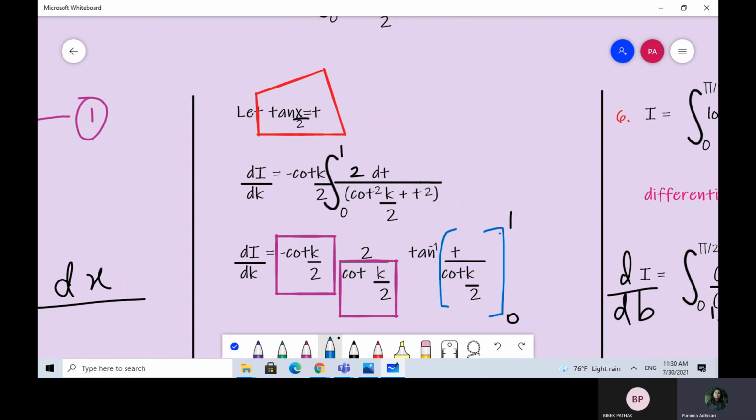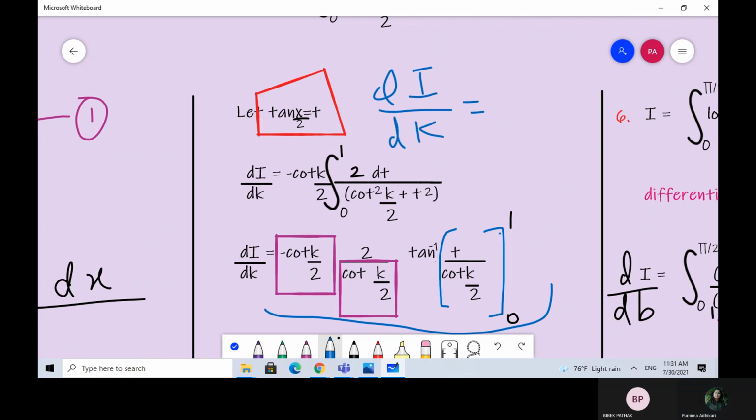So got it. You see many of the terms get cancelled, and can you tell me what result comes in the next step? What is dI over dk? Simplify this whole thing.